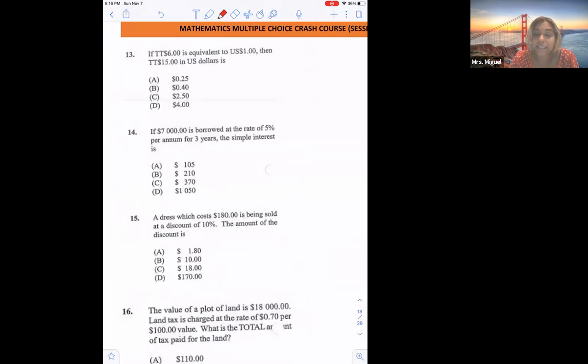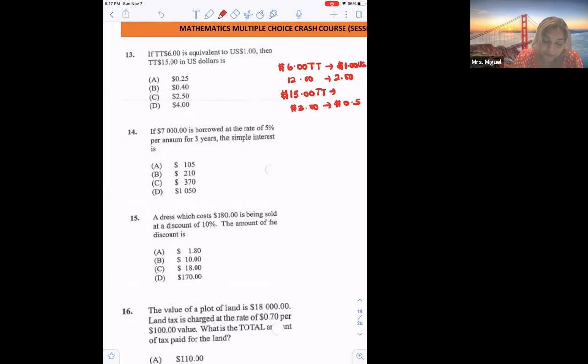If $6 TT is equal to $1 US, then how much would $15 TT be? Well, $12 will be equal to $2 US, and an additional $3 to make the 15 will be 50 cents.